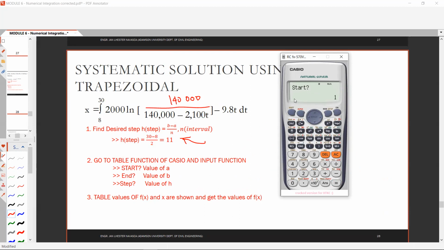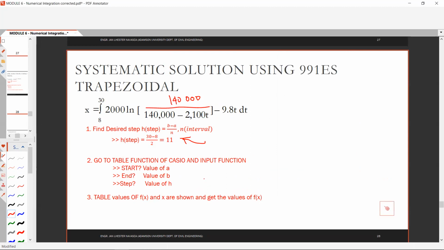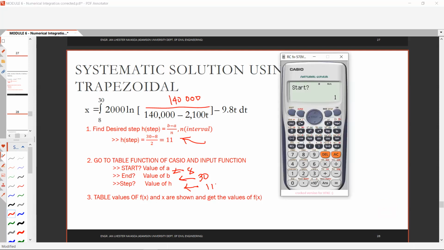Ayan. So, nagtatanong siya ng starting value. What is the starting value? So, yung starting value natin, yung a natin ay, ano ba yung a natin? A natin is 8. Yung B natin is 30, di ba? And yung interval natin, yung step natin is 11. Okay, so pasok mo lang siya dito. So therefore, yung start mo is 8, yung end natin is 30, and yung step natin is 11.